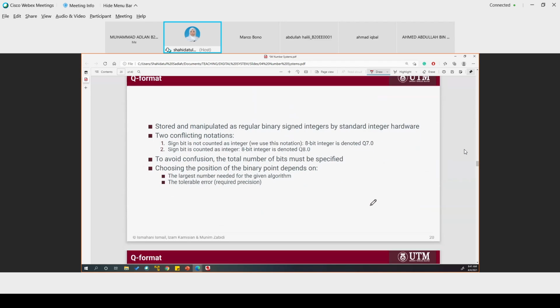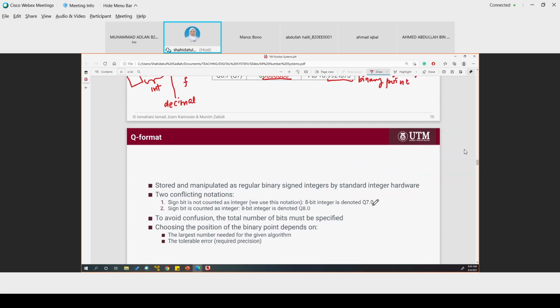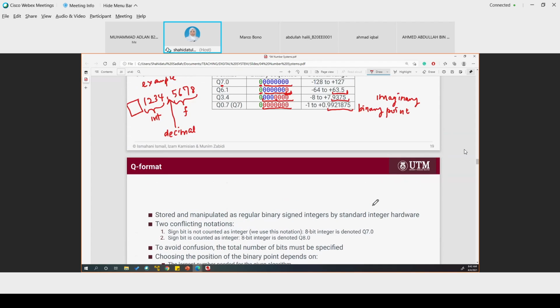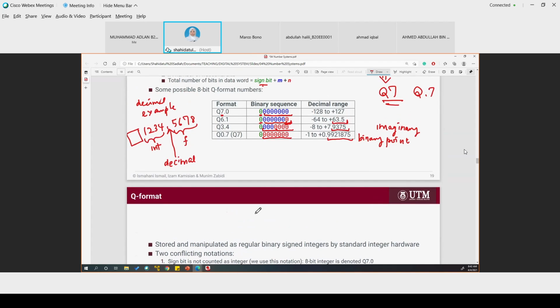The Q format is stored and manipulated as regular binary signed integers by standard integer hardware. This means that in the hardware, the Q format is stored like this. Your hardware doesn't know that this number contains a binary point.